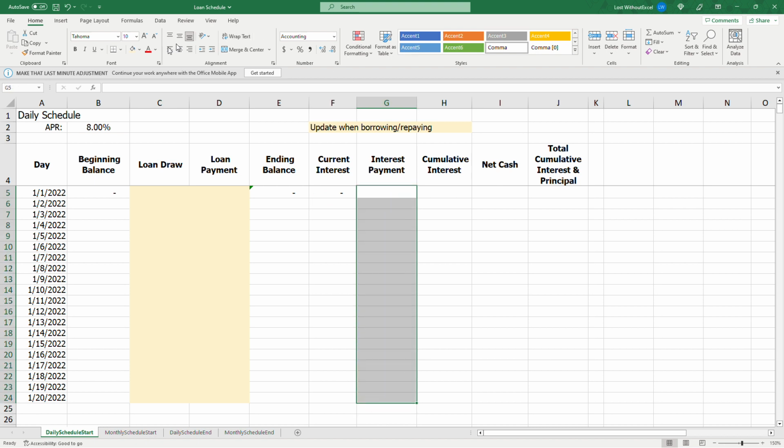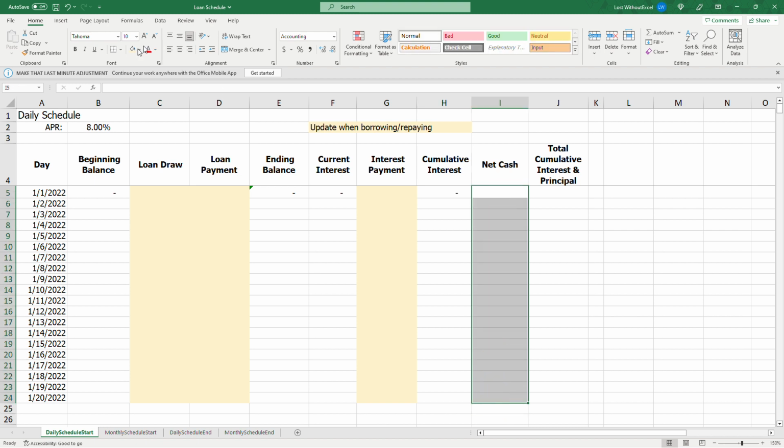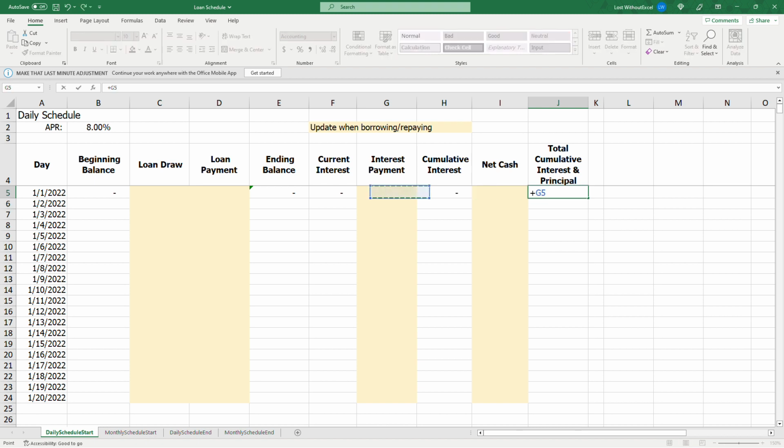The interest payment is something else that we're going to enter manually. Our cumulative interest, in this case the first day, is just going to be whatever today's interest was. The net cash is another manual entry, and our cumulative interest and principal is just whatever the total loan is plus the interest. Obviously, all these numbers are zero, but it'll make sense as we go.